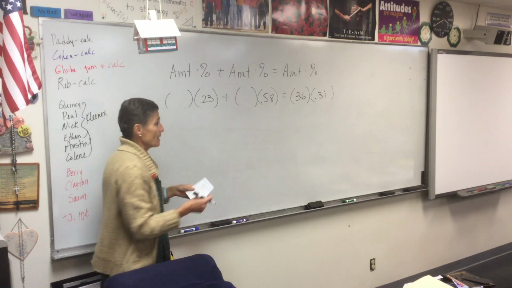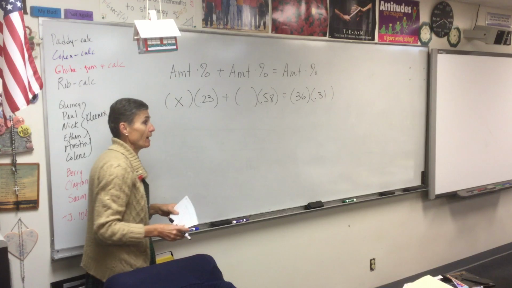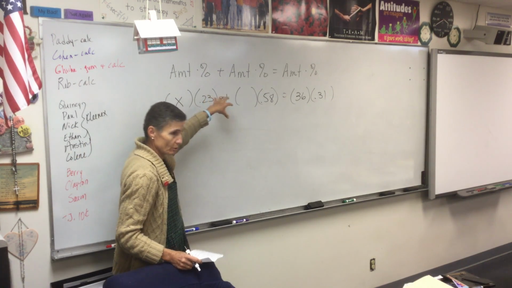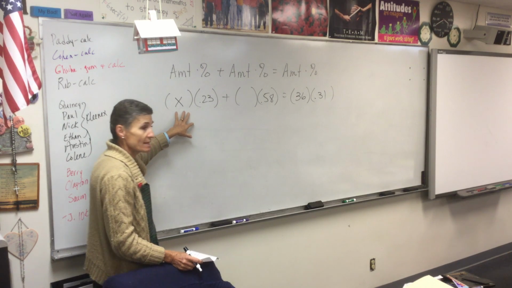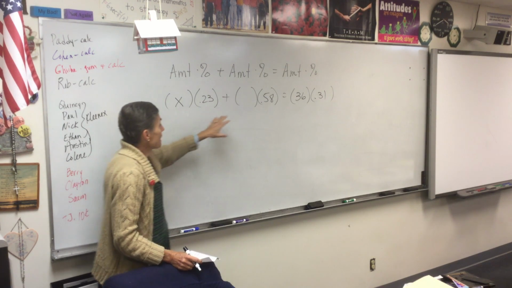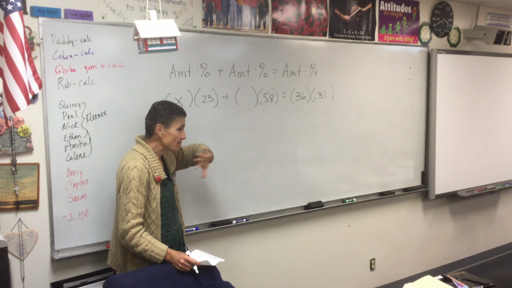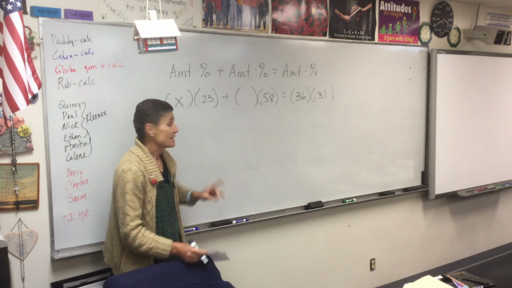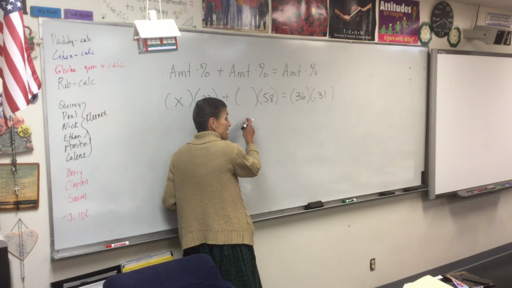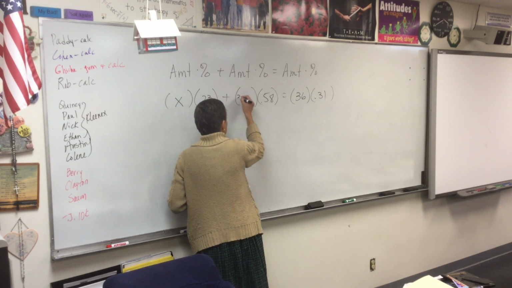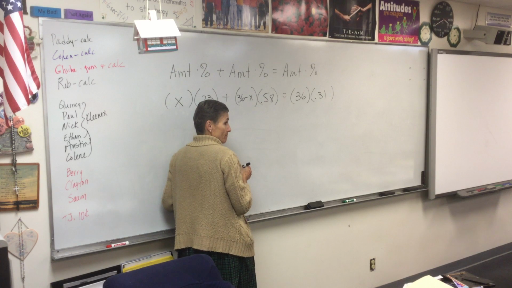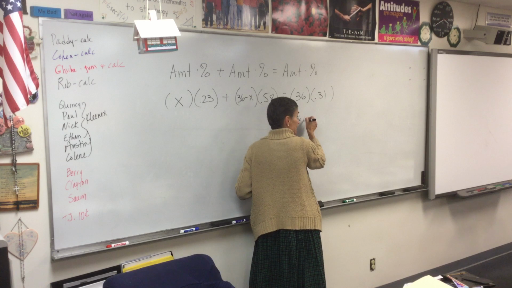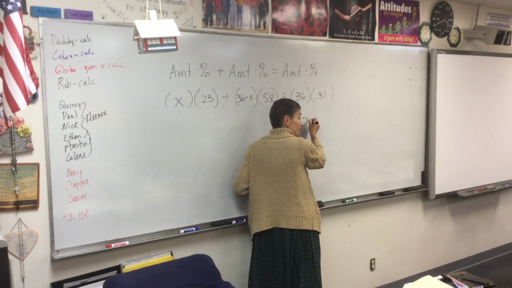Okay? Now, this we agreed we're going to let be X because every problem starts out with how much of this. So we're going to let that be X. Now, the empty parentheses, every time you do this, there's going to be one empty parentheses, right? If the empty parentheses is here, it's 36 minus X. If the empty parentheses is here, it's 36 plus X, right?